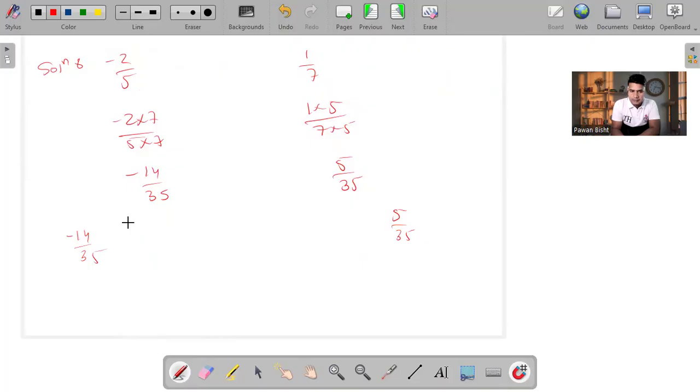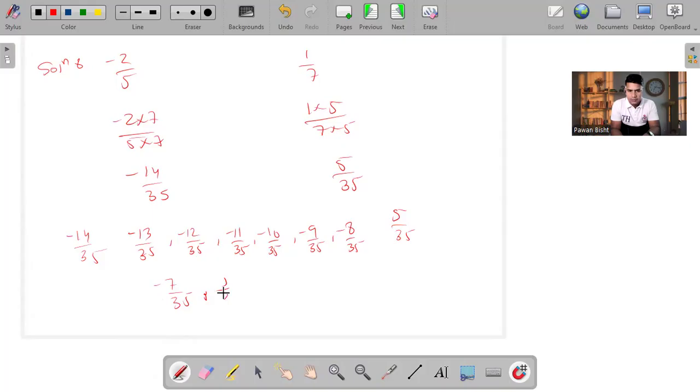Any 10 numbers. So minus 13 over 35 is greater than this. Minus 12 over 35. Minus 11 over 35, minus 10 over 35, minus 9 over 35, minus 8 over 35, minus 7 over 35.